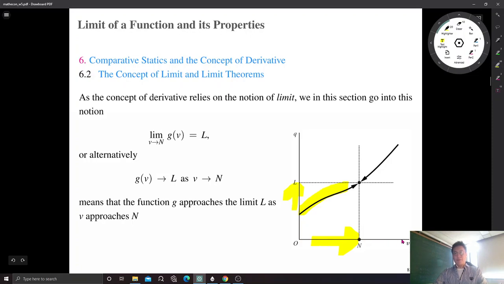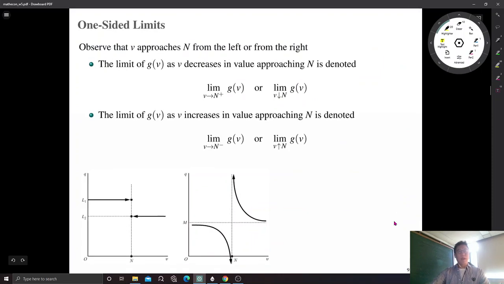So now v is approaching n from the right, like this way. Okay, so there are two ways to get to number n. We may increase or decrease the value of v. So depending on the direction, we can define two one-sided limits, as we can see on the next slide.